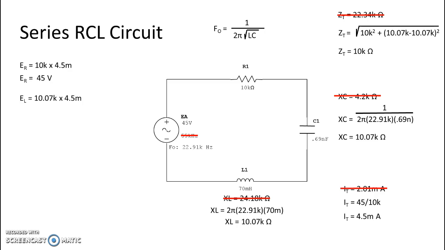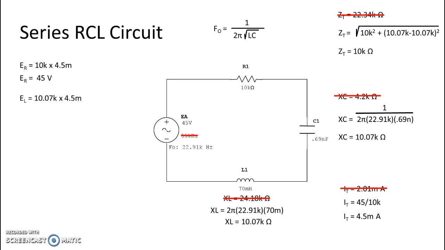Now the interesting thing about your voltages on your two reactive components, they're going to be the same, of course, because their ohmic value is the same, their current is the same, so you would have to get the same voltage. But they are going to be canceling each other out. If you think about ELI the ICE man, if you think about your graph for ELI and ICE in a series circuit, the constant is current.